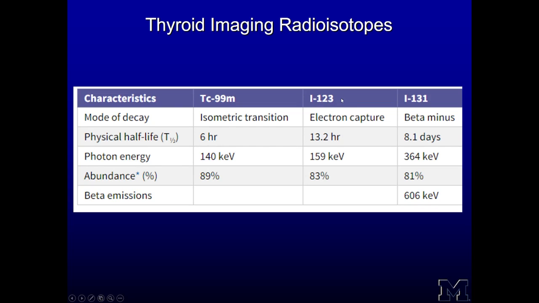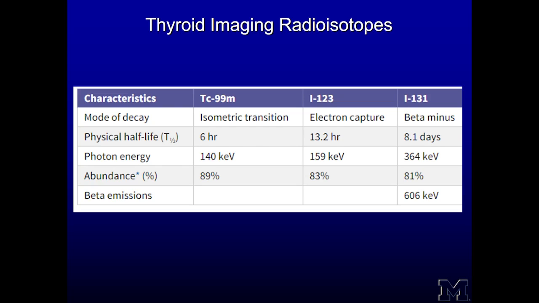Iodine-123 sodium iodide is an isotope with a physical half-life of 13.2 hours. It is a pure gamma emitter with photon energy of 159 keV. Therefore, we can use a low energy high resolution collimator for thyroid scintigraphy.